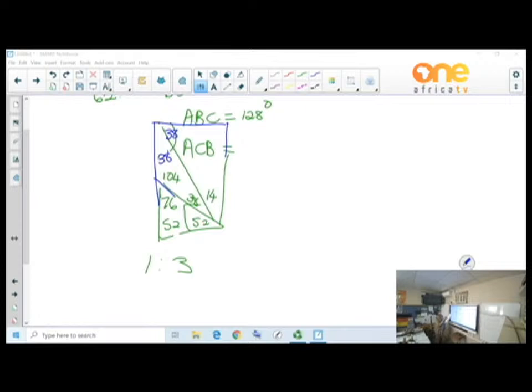Nee, dit is. 1, 2, 3, 4, maar as ek vat A, B, C, D, dan is dit 'n cyclic quadrilateral. Nee, maar ek kan die E ignore, en dan kan ek sê A, B, C, D is 'n cyclic quadrilateral. Dit maak nie saak nie, dit is 4 points on the circumference.